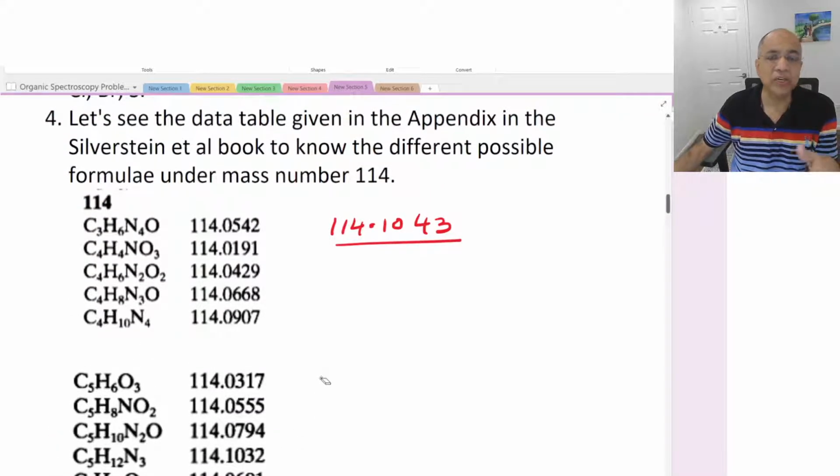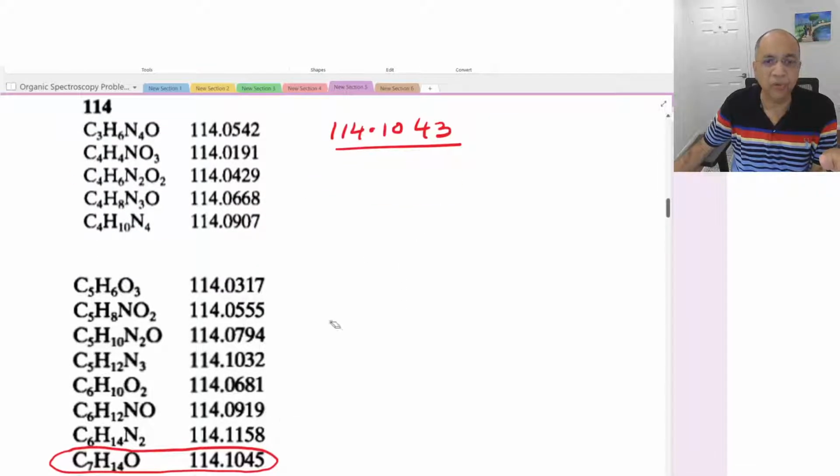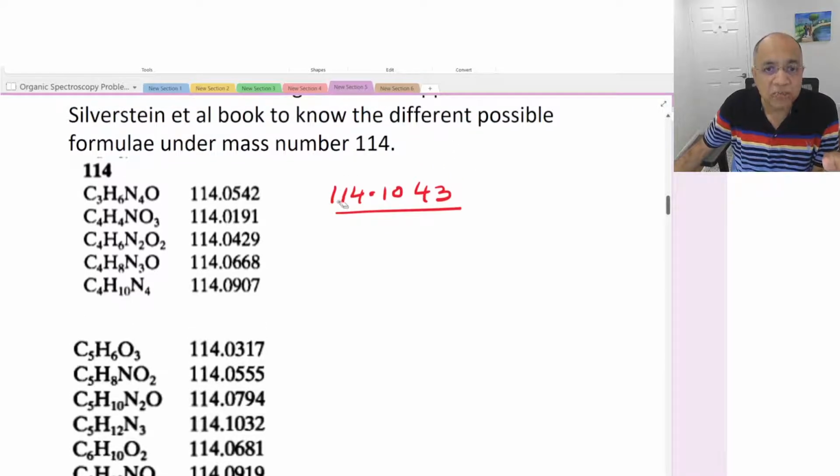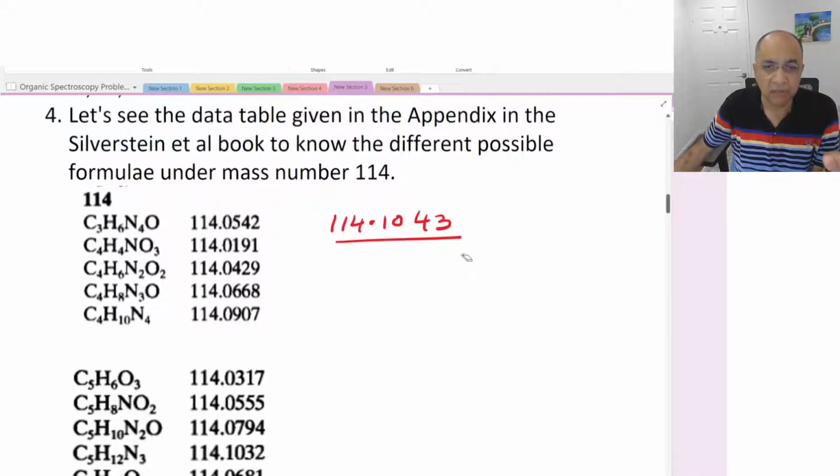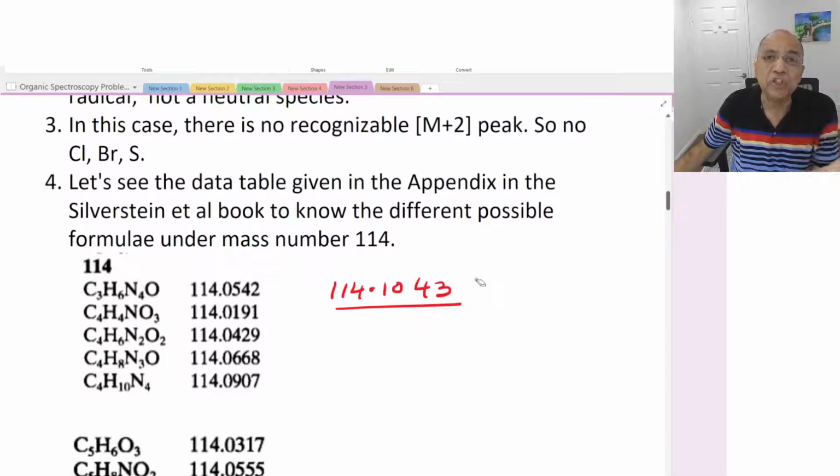In the next video, I shall discuss how you will find out the molecular formula, not from this table, not from the precise molecular ion data, but from the M+1, M+2 and other isotopic peaks. That also will give you a very elegant method to find out the molecular formula. This table is not required.